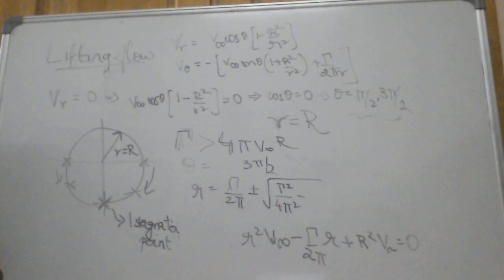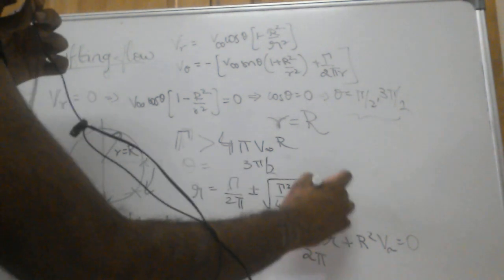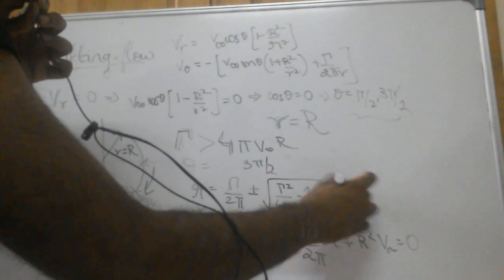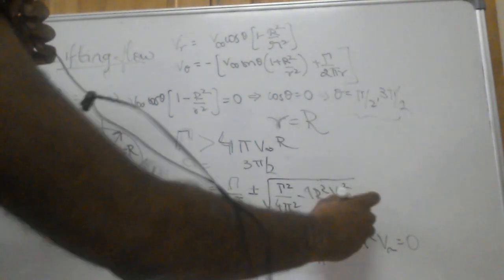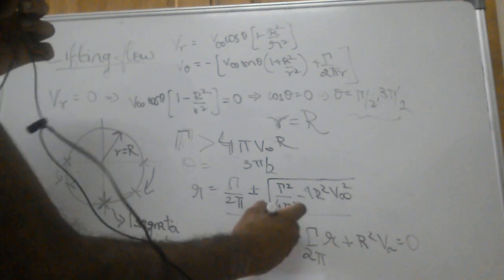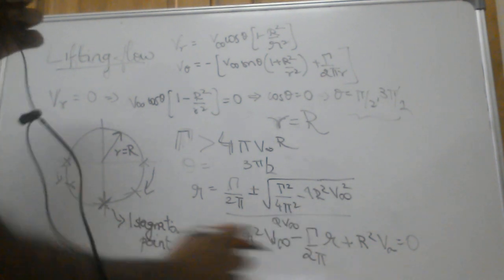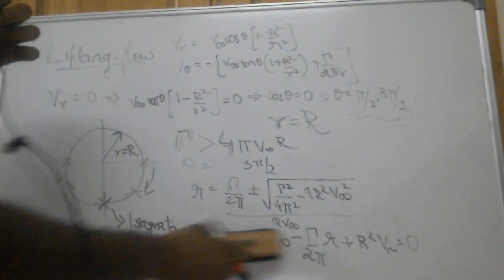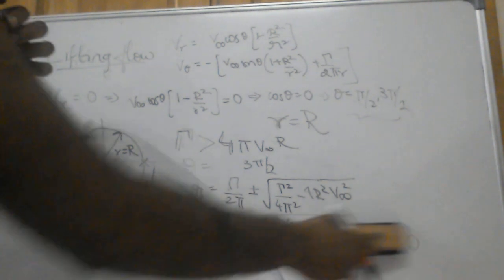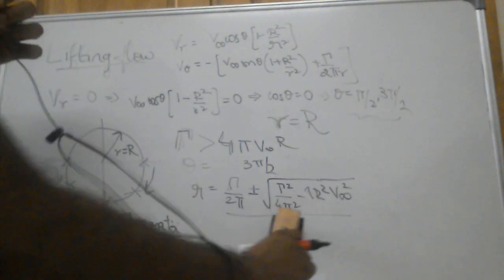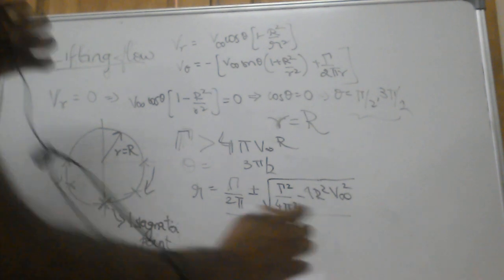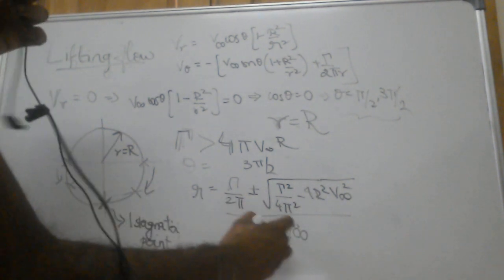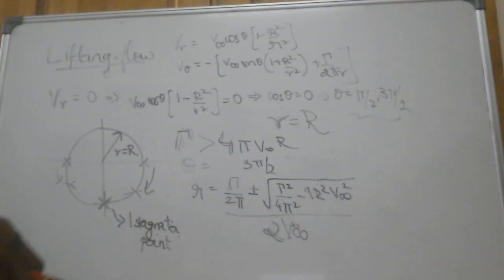So that would give me 4 capital R squared v infinity squared, by 2a, which is 2 v infinity from here. So let me just get rid of this equation now.